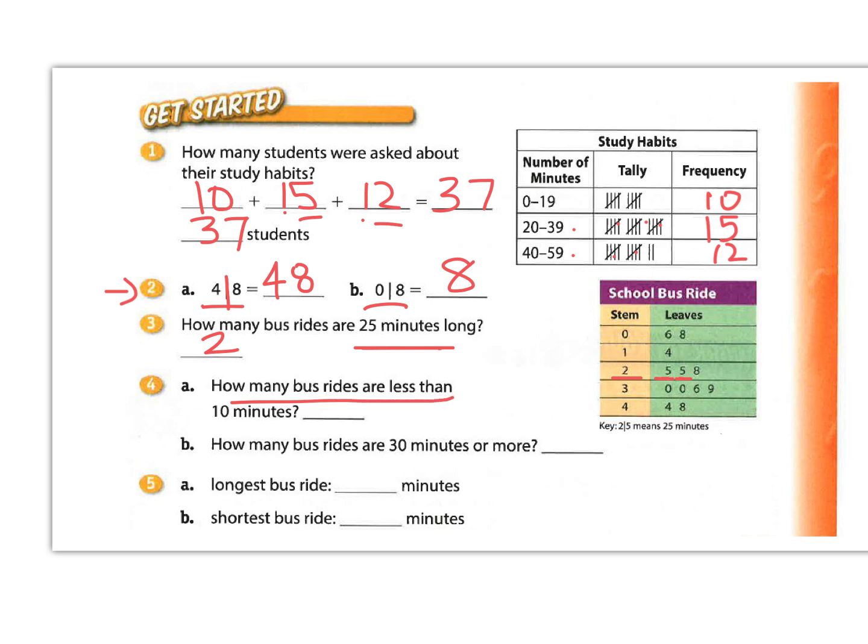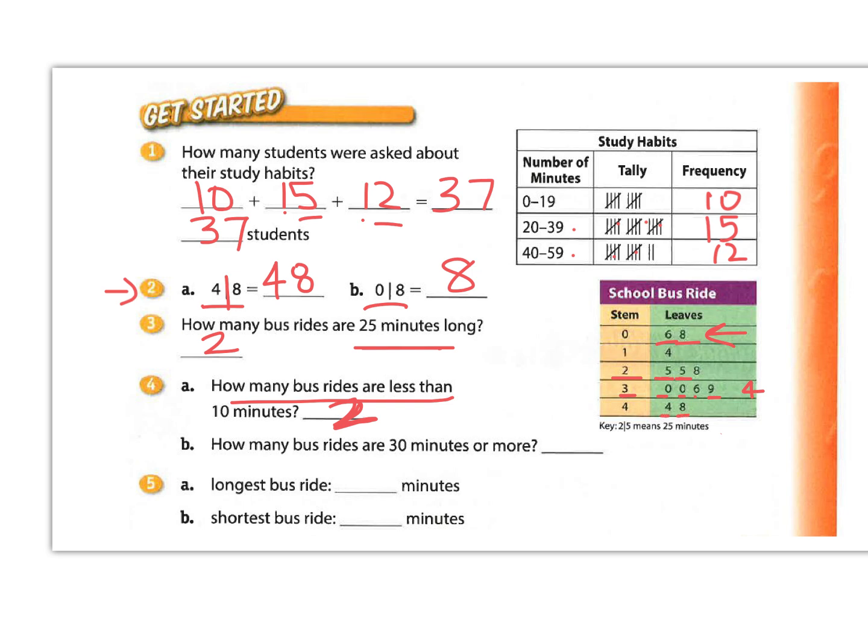4A, how many bus rides are less than 10 minutes? Well, less than 10 would have to be right here, and there is an 8-minute ride and a 6-minute ride, so there are 2 rides that are less than 10 minutes. B, how many bus rides are 30 minutes or more? Well, 30 starts here, so there's 30, 30, 36, 39, so that's 4.